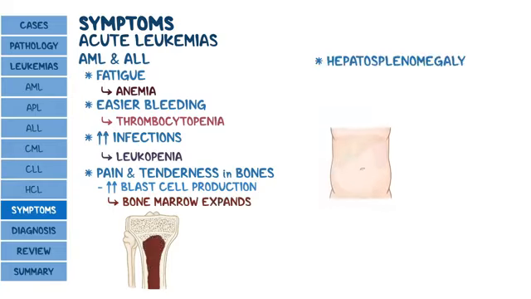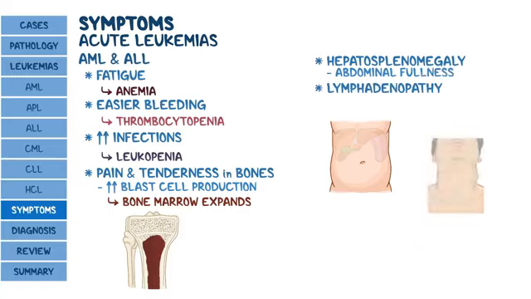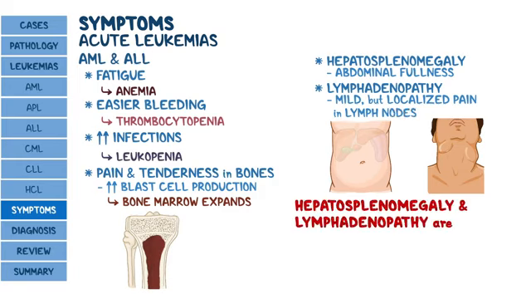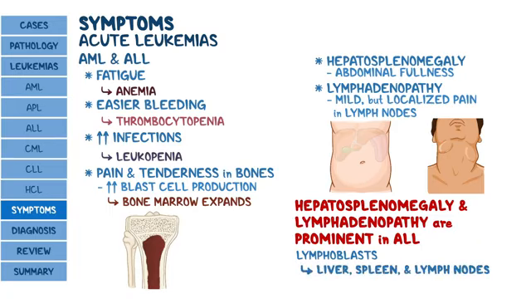Hepatosplenomegaly often causes a feeling of abdominal fullness, while the lymphadenopathy often causes mild but localized pain in the lymph nodes. However, hepatosplenomegaly and lymphadenopathy are both seen more prominently in ALL than in AML, since lymphoblasts settle more often in organs like the liver, the spleen, and the lymph nodes.